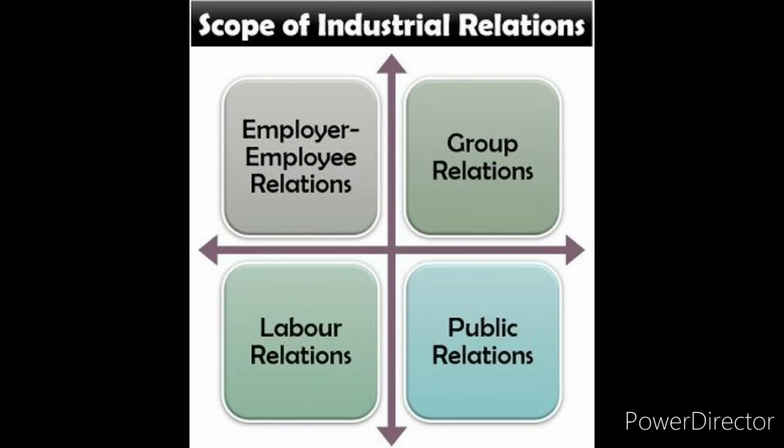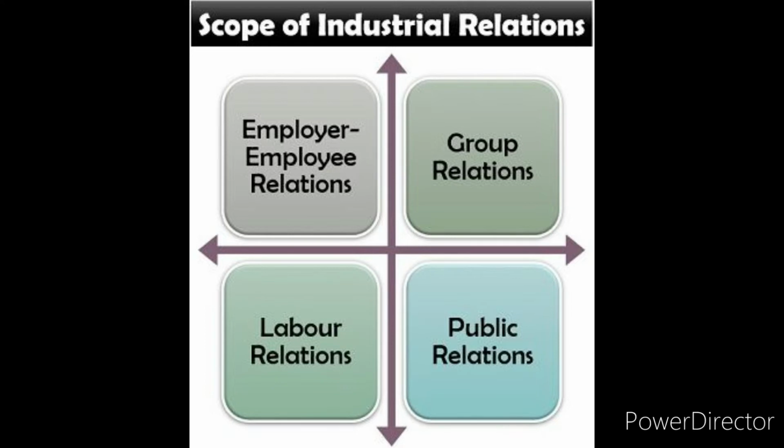Next, group relations. The interactions and communication between the workers belonging to different work groups in the same organization will be studied under these work groups. Next, labor relations. In the organization, the relation shared by the managers and the workers is termed as labor relations.